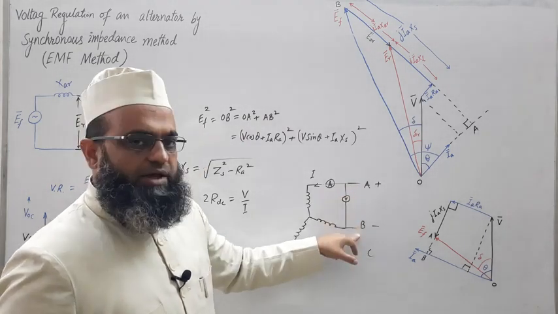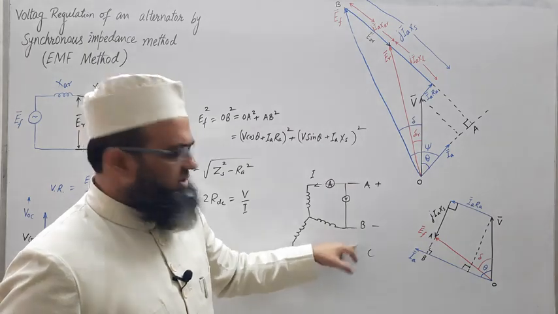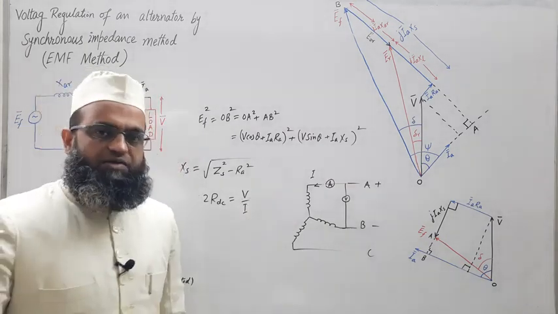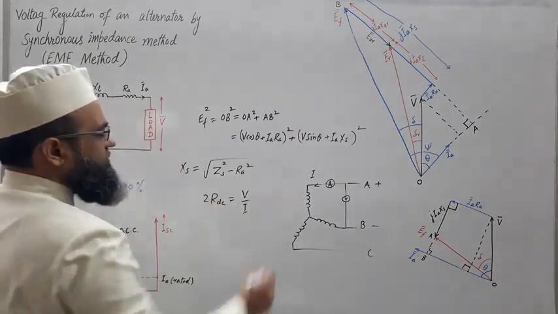First we have taken AB, then you can take AC and BC. So we will get 3 readings, take the average of that, that will give you the value of 2RDC.